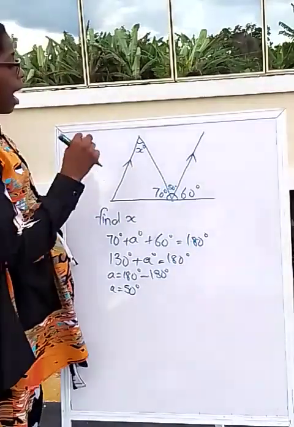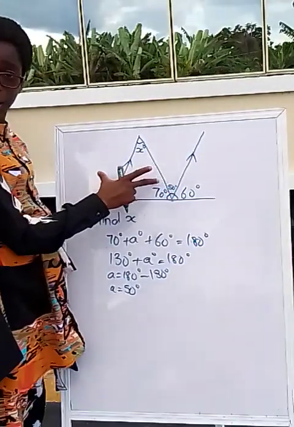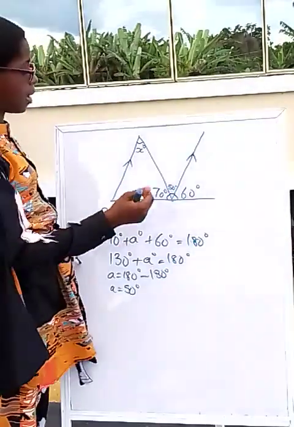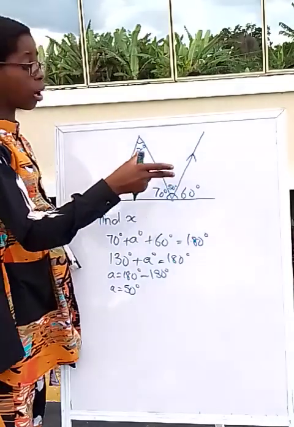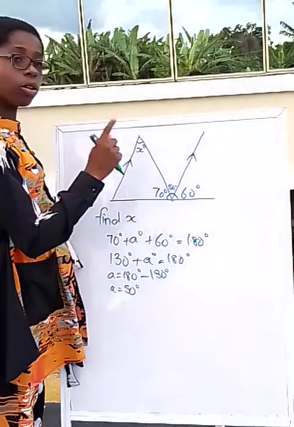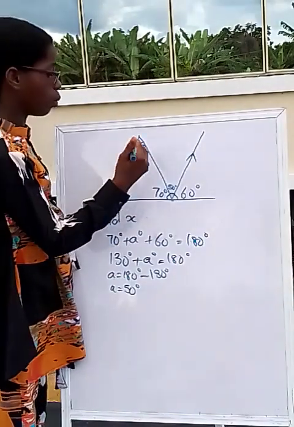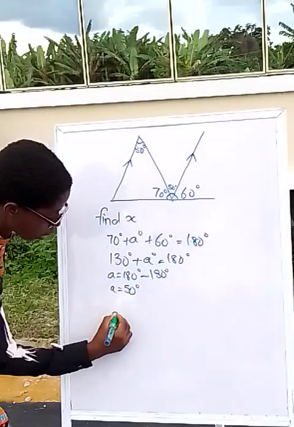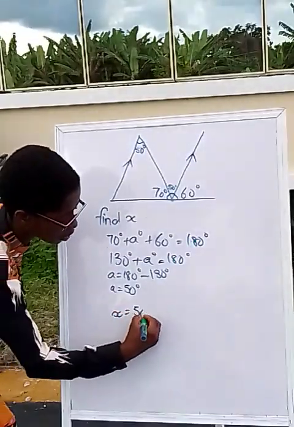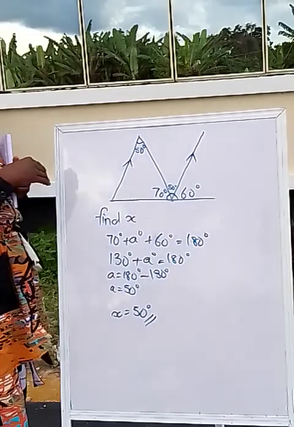When a transversal line cuts two parallel lines, these angles x and 50, this type of angles, are called alternate angles, and alternate angles are equal. So automatically x will be equals to 50 degrees. So our x is equals to 50 degrees. Now this is our answer. Now let's consider another question.